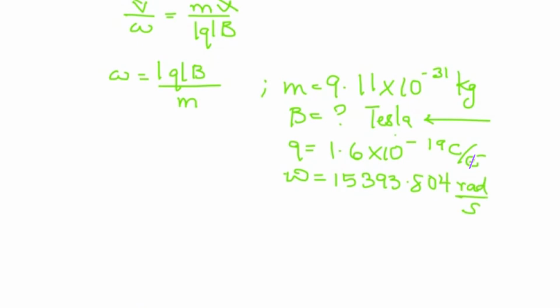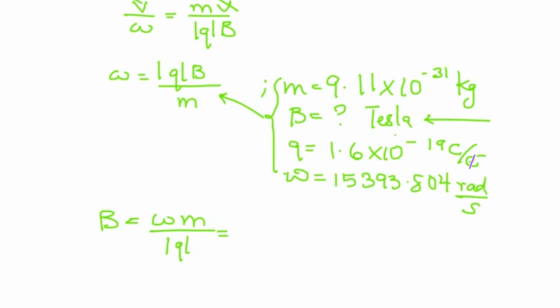To determine the magnetic field, we multiply the angular frequency by the mass and divide by the quantity of charge.